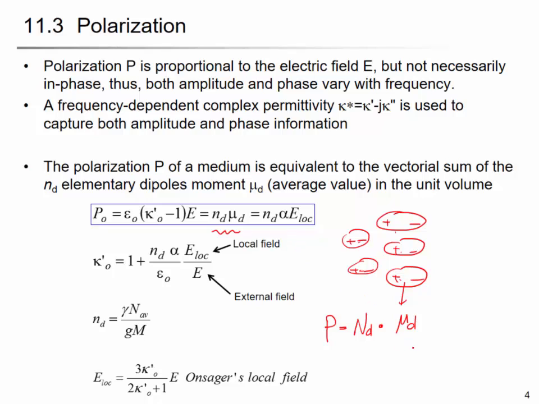And this dipole moment is proportional to the local electric field. So this is the same as alpha times E local. This is the symbol for proportional, linearly proportional.